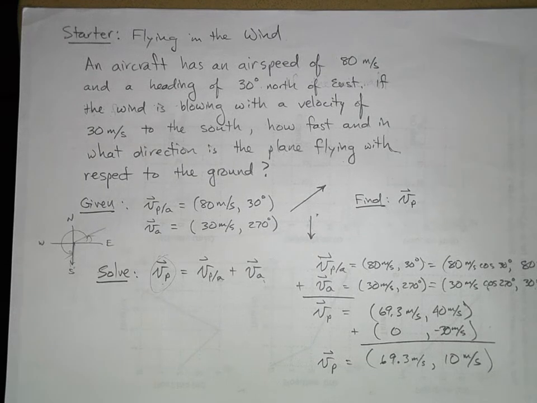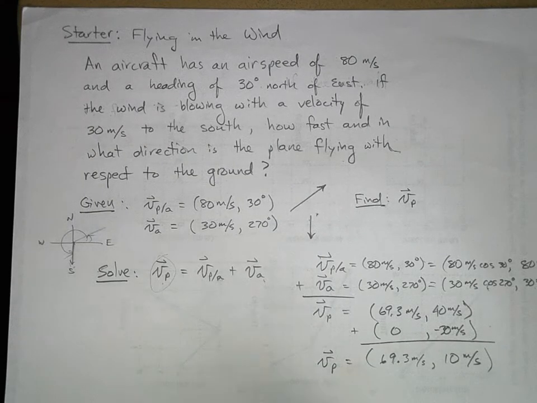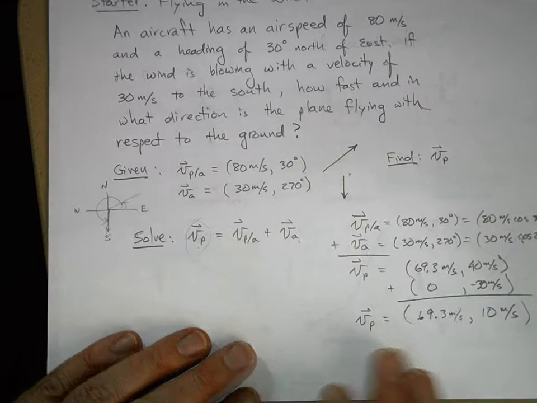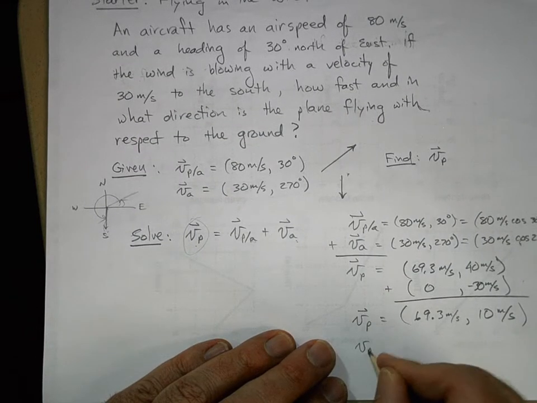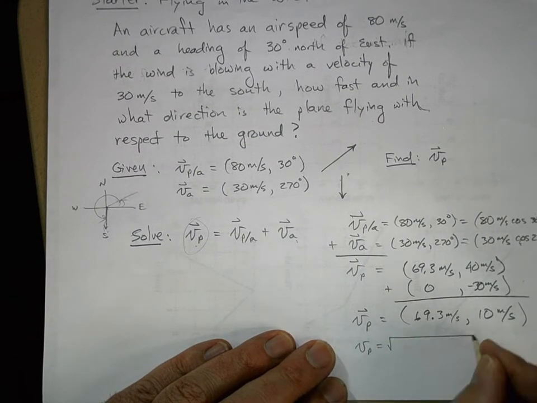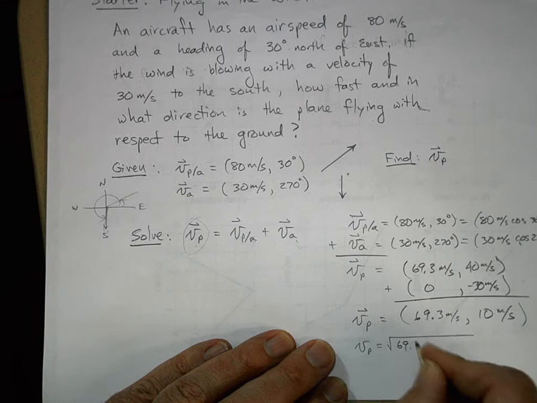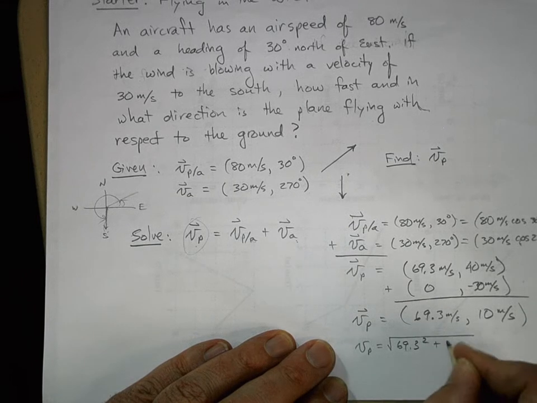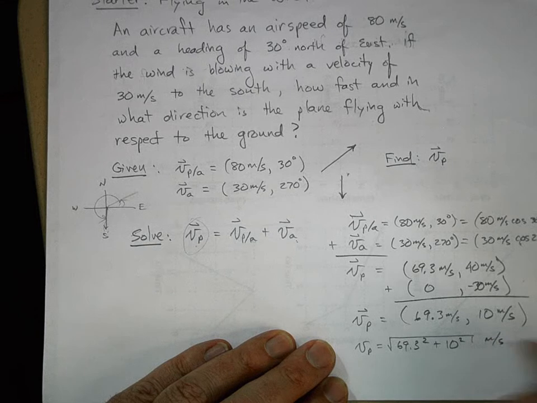But of course, I'm going to express my answer in polar coordinates. So the velocity of the plane is equal to the x component squared plus my y component squared, in meters per second.